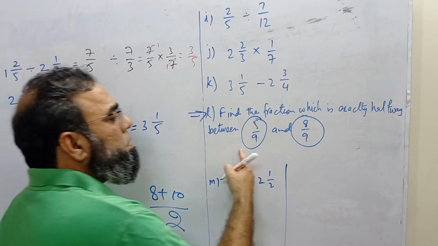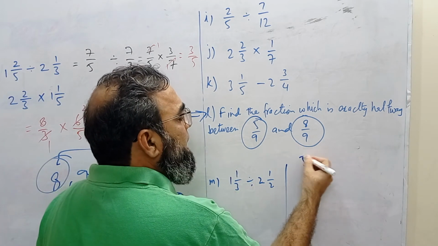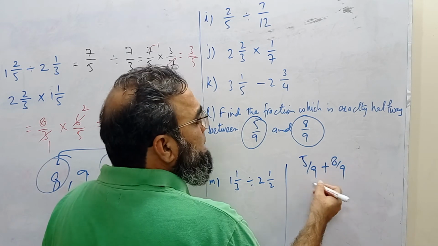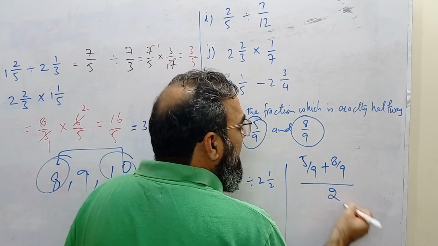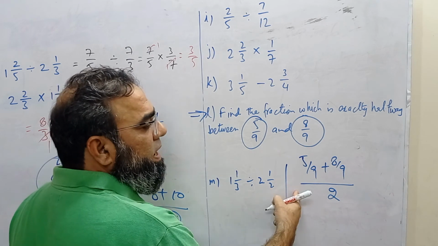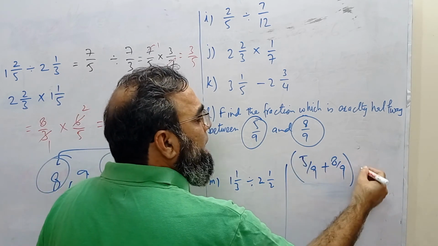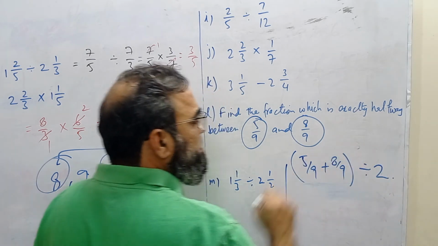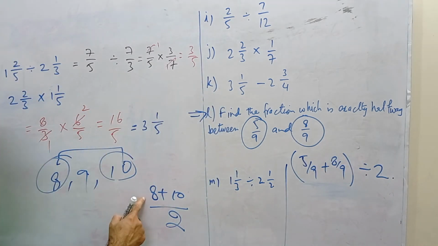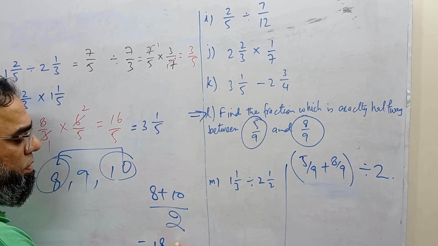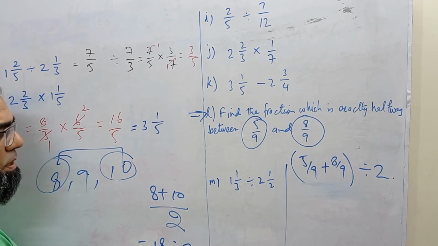Okay, so the sum of these two fractions is 5 over 9 plus 8 over 9, and then this is divided by 2. So instead of writing over 2, you can write it as this is divided by 2. Like we had it here, 18 divided by 2 is same as 18 over 2.